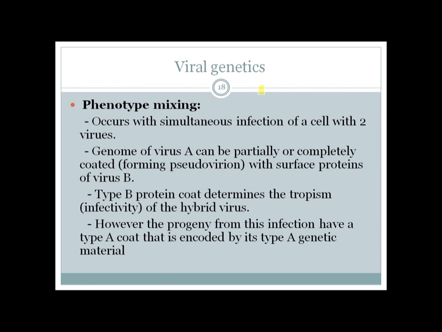It occurs when simultaneous infection of a cell with two viruses occurs. The genome of virus A can be partially or completely coated with the surface protein of virus B, forming something called a pseudovirion, and the type B protein code determines the tropism or infectivity of the hybrid virus. But if a progeny is formed, it will have a typical type A code, encoded by type A genetic material.